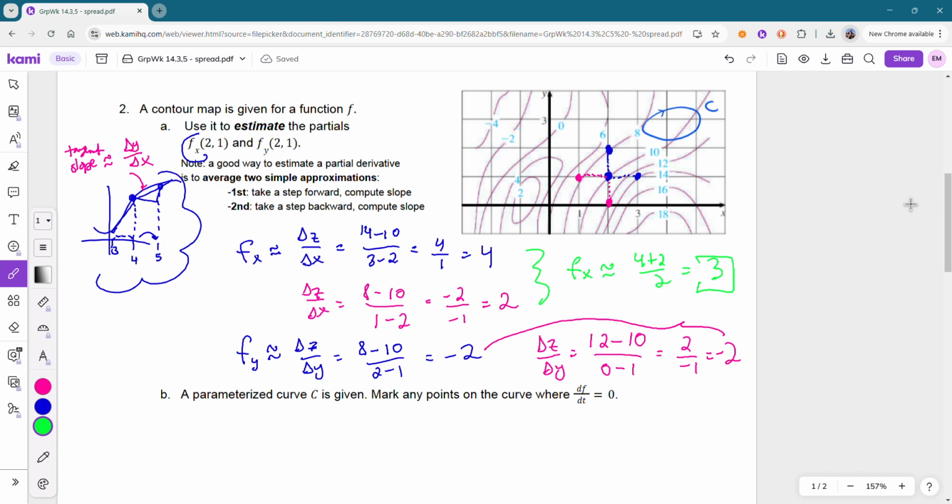And averaging those together is just going to give us -2 again. Okay, we could have done a little bit better if we hadn't been so rough with our estimation. Maybe this is like 7.5 or something like that, but we just rounded it to 8.